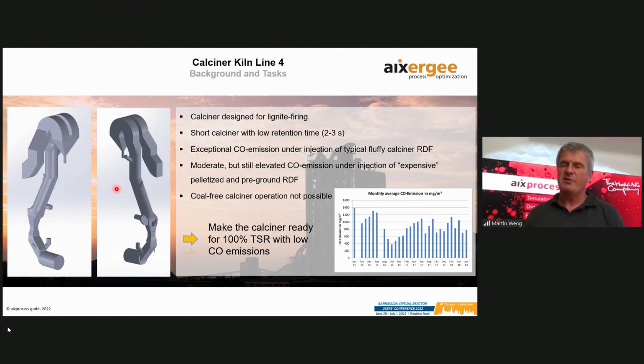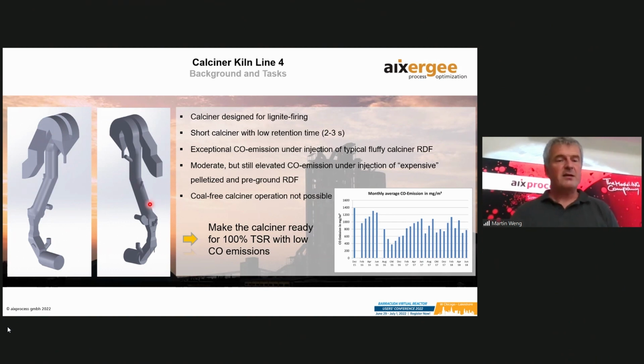That was simply for cost reasons, just to substitute lignite or coal by residual fuels, sometimes even with a gate fee, so they would get money if they take those fuels. That's not the case today, but still any kind of alternative fuel is significantly cheaper than lignite or coal.